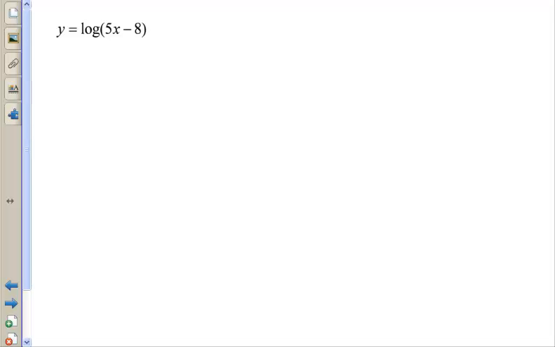Alright, on this one, what we've got is a logarithm. This is going to be a log base 10. It's an understood 10, so we don't write it down. And we're going to follow our rule for derivative of log.